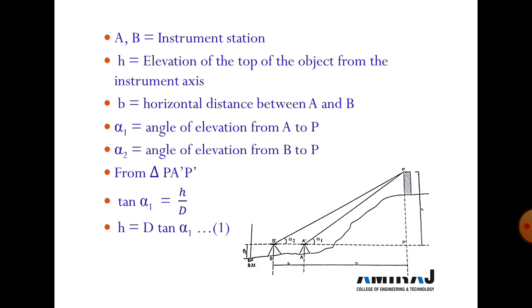Now we apply the simple and logical trigonometric formula: tan alpha 1 is equal to h divided by d. Clear? So tan alpha 1 is equal to h divided by d, so h is equal to d tan alpha 1. This is equation number 1.